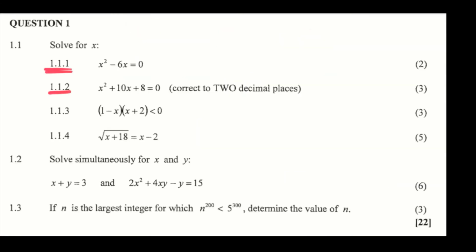1.1.2, where we are going to solve for x correct to 2 decimal places. Whenever we are given this, we know we have to use the quadratic formula because we cannot factorize the problem. So we have x squared plus 10x plus 8 being equal to 0, right?